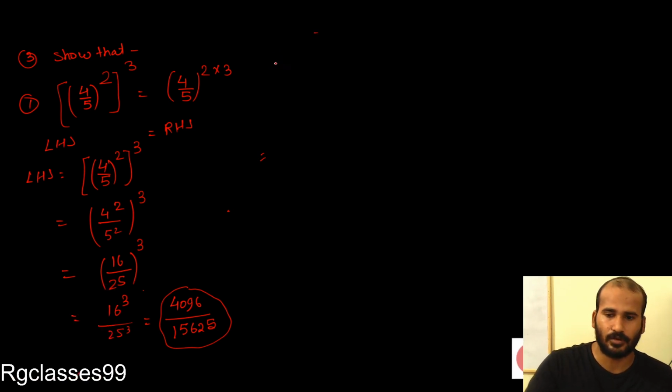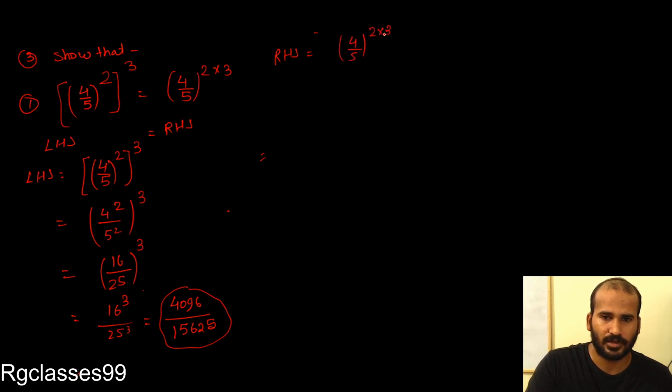Next pattern, which is RHS. RHS is given as 4 by 5 to the power 2 into 3. It means what? 4 by 5 to the power, 3 times 2 is 6. This is 6.